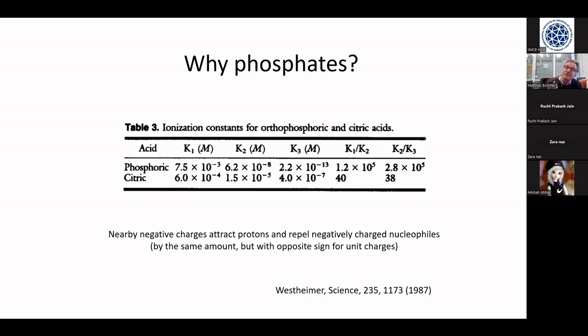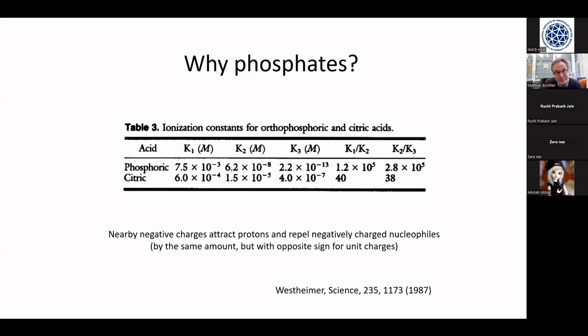So by looking at pKa values, which measure the proton affinity, you can learn something about how much the extra charge affects the next step. So how much an extra negative charge makes it harder to remove a proton, or makes it harder for a nucleophile to approach.